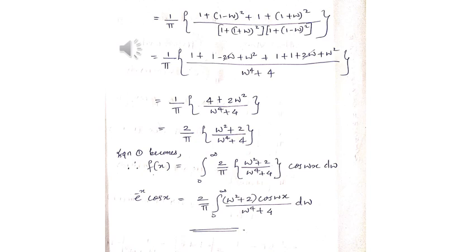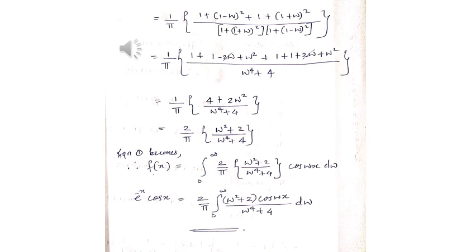Then substitute a of omega in f of x. That is, f of x is equal to integral 0 to infinity 2 by pi (omega square plus 2) divided by (omega raised to 4 plus 4) cos omega x d omega. Now substitute f of x here, that is e raised to minus x cos x. Take the 2 by pi outside, and this is what we have to prove.